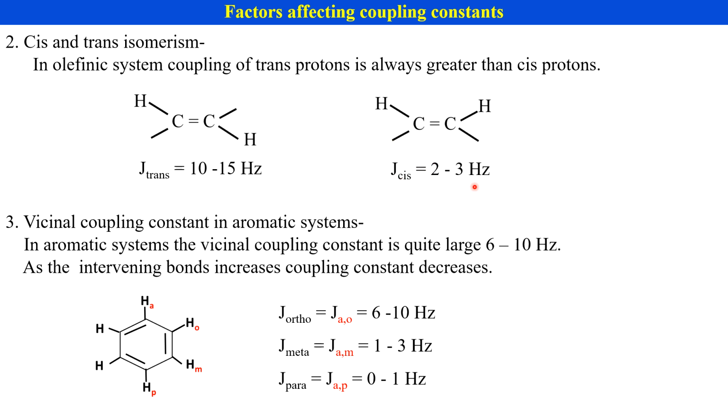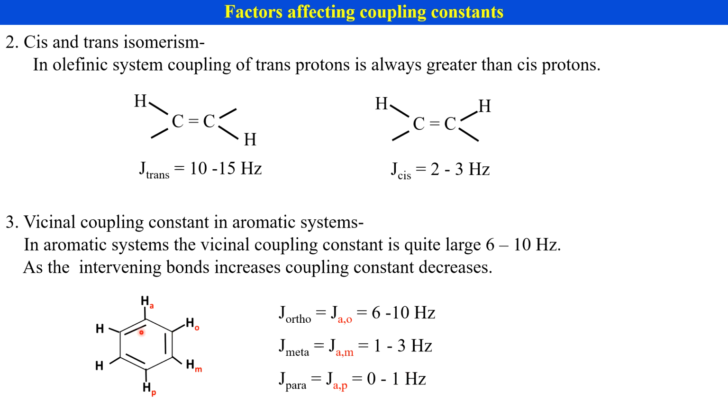Then another factor, vicinal coupling constant in case of aromatic system. In case of aromatic system, J of ortho is of the type vicinal coupling, and it is very large, it is 6 to 10 Hertz. And the coupling between A and M, that is meta coupling or para coupling, the value is very, very less.